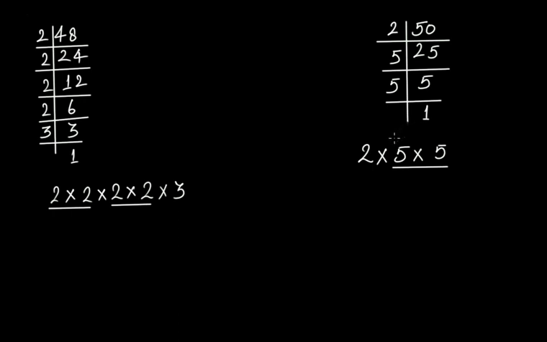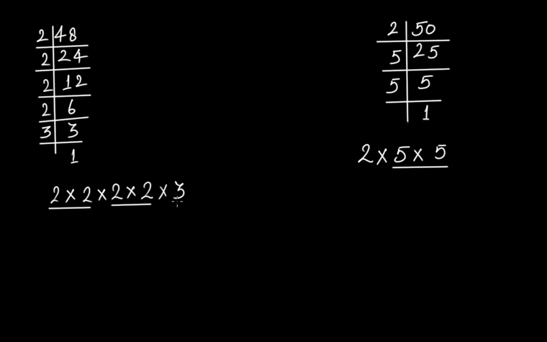So let's say if it is asked to you what minimum number should we multiply this 48 with, again I'm repeating, what is the smallest number that should be multiplied to 48 in order to make it a square number.